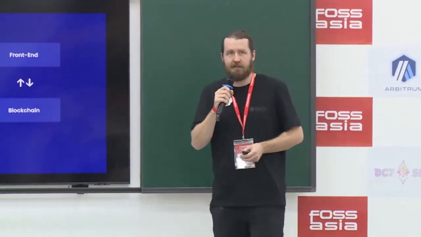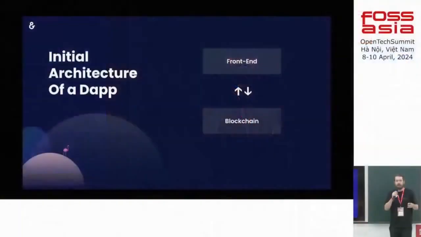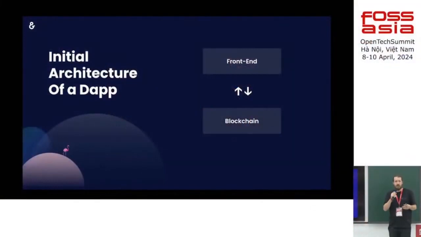So I think we've talked a lot about the dApp architecture. We have this concept of a decentralized application, right? You have a front-end application that is HTML, CSS, JavaScript, all the static assets, and this is the initial design as you deploy that static application. And then you have your business logic, your smart contract, that lives on the blockchain.